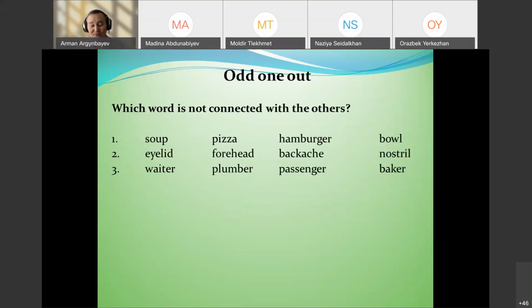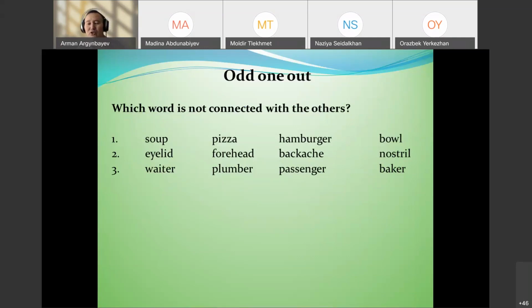Yeah, odd one out. But you must be very careful with odd one outs, because you must make sure that there is only one way of giving the correct answer. Yeah? So there shouldn't be any alternatives for interpretation.